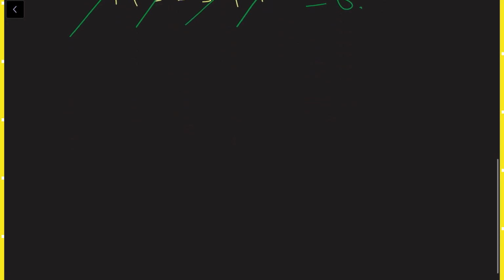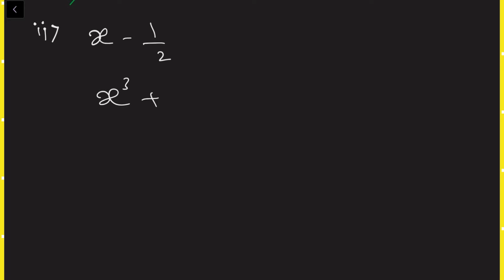Next, second one, he gave it as x minus 1 by 2. So first I'll write the polynomial again, x cube plus 3x square plus 3x plus 1.